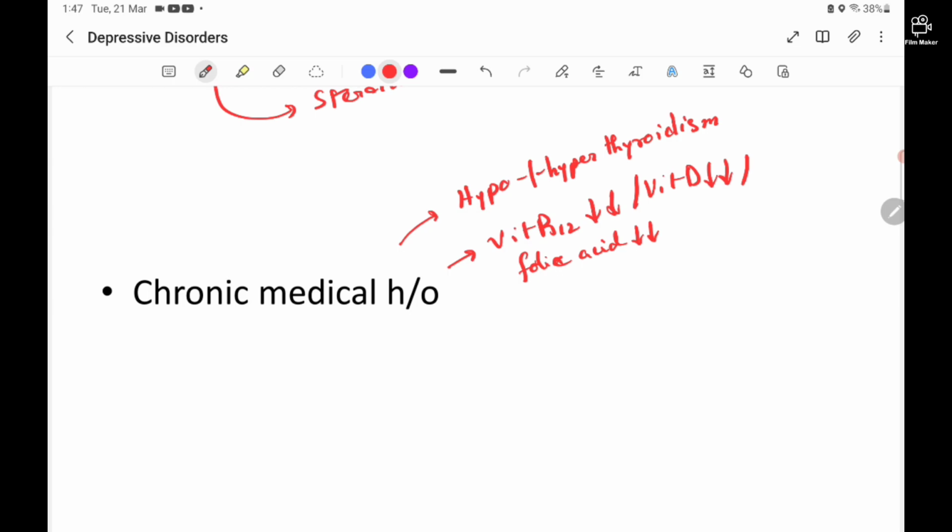And another primary medical condition which causes depression is chronic pain syndrome.